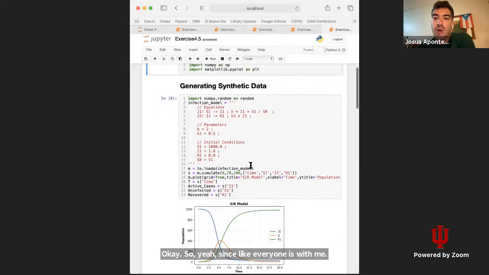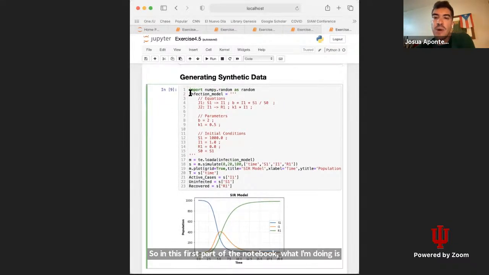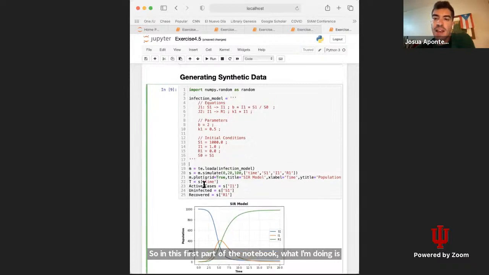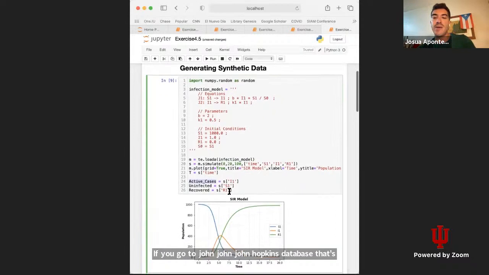So in this first part of the notebook, I'm simulating the SIR model, and I'm storing the results in these variables: active cases, uninfected, and recovered, because that's usually the way they are reported. If you go to the Johns Hopkins database, that's usually how this information is reported.